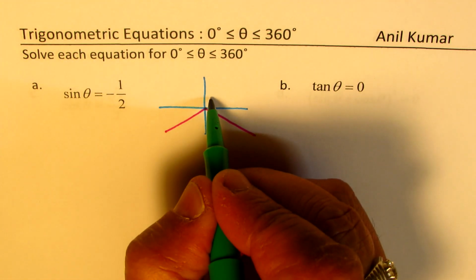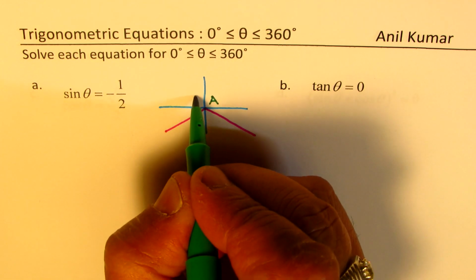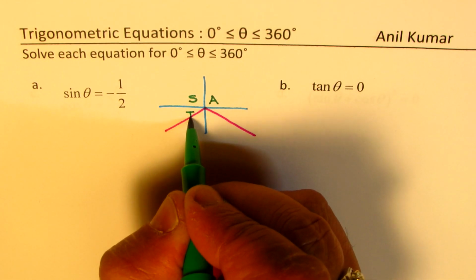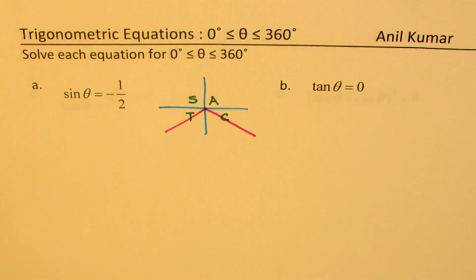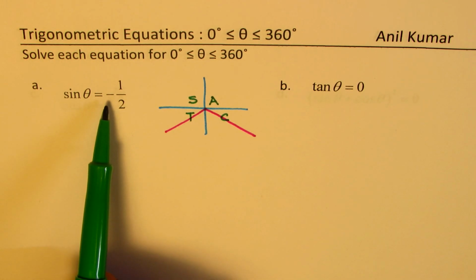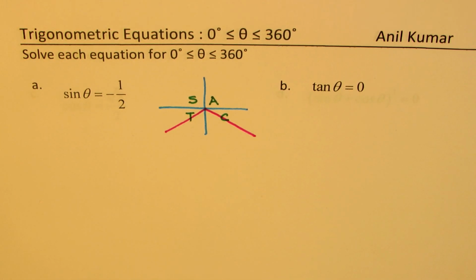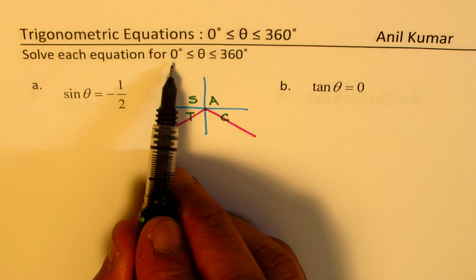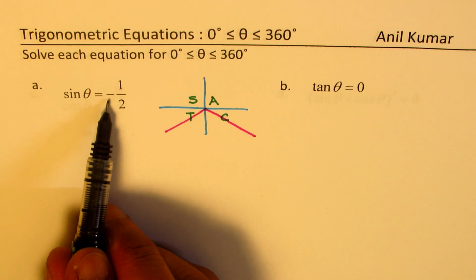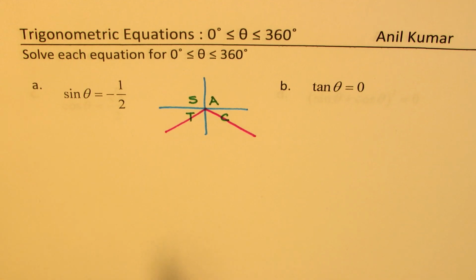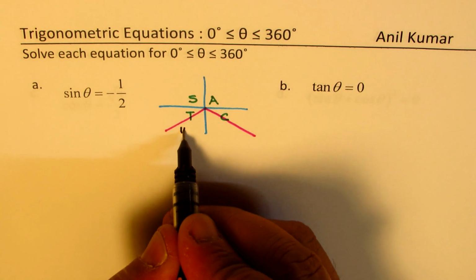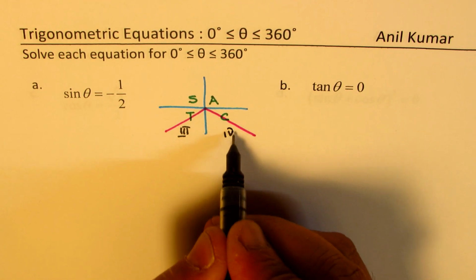Since we know all are positive in quadrant 1, sine in 2, tan in 3, and cosine in 4. When sine theta is negative, it really means that theta should be in quadrant 3 and in quadrant 4, correct? Now, we know that the solution lies in quadrant 3 and 4.